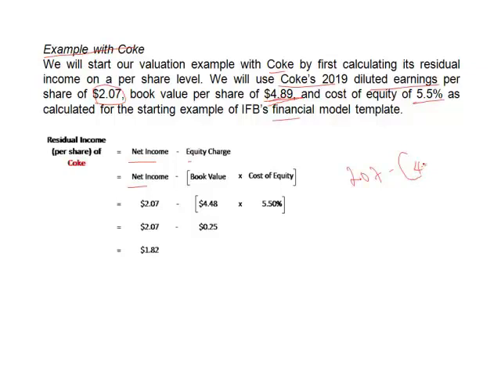Remember, we have 4.48 as book value multiplied by 5.5%, which is 0.055. So what we have is 2.07 minus $0.25. So the balance is $1.82. This is our residual income. As you can see in the worked example on your screen.